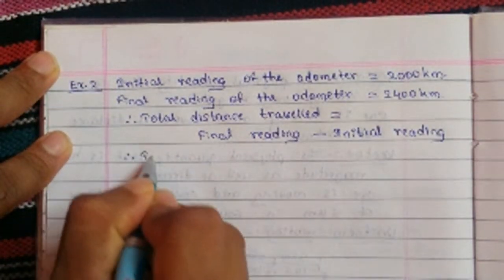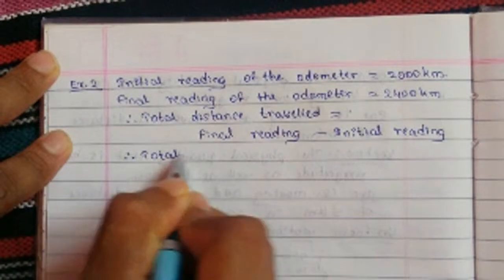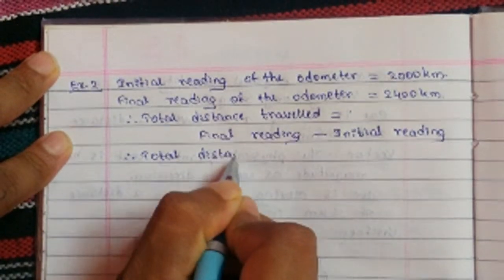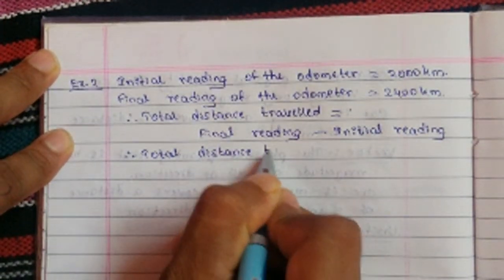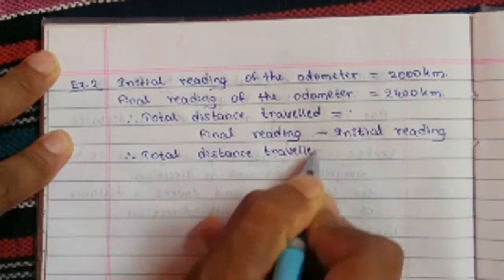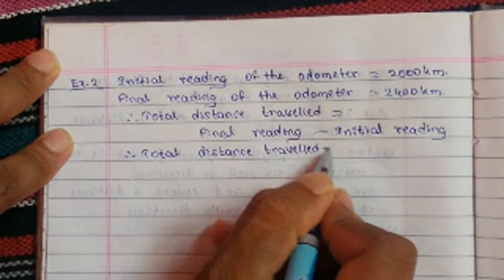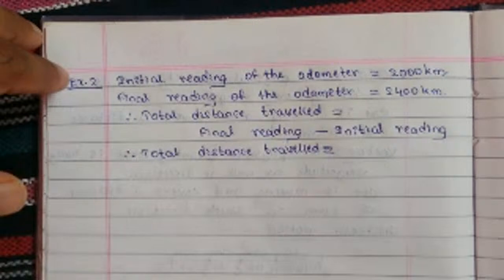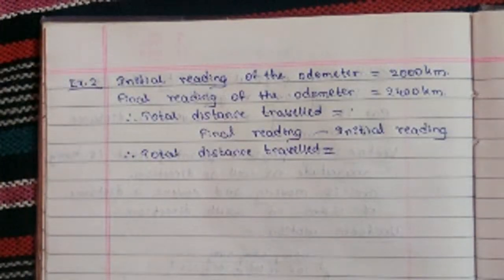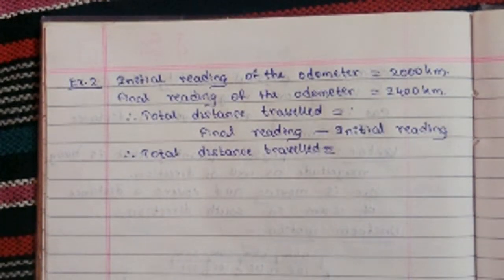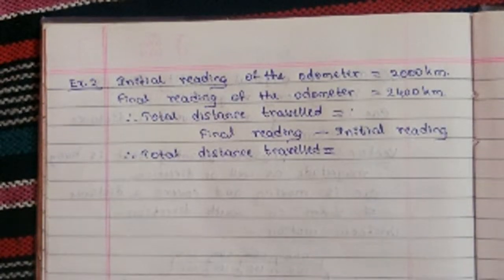So total distance traveled is equal to how much? Substitute the values and subtract, and comment me the answer first.